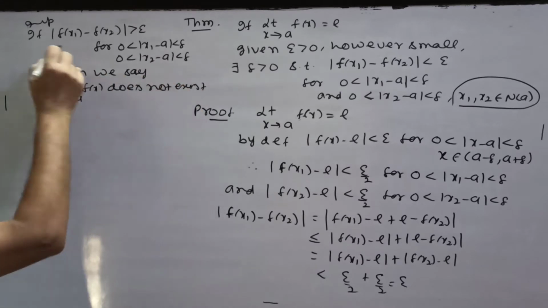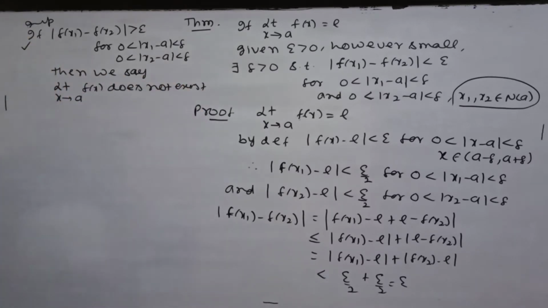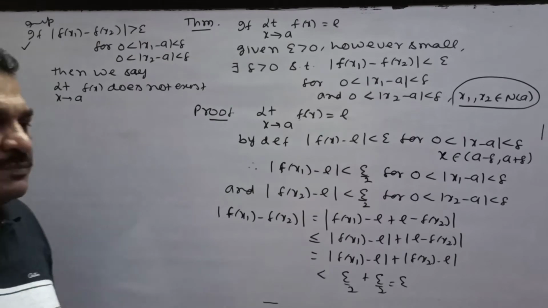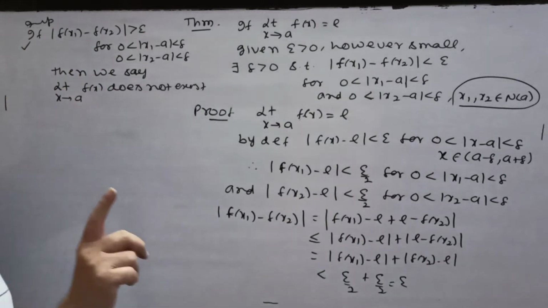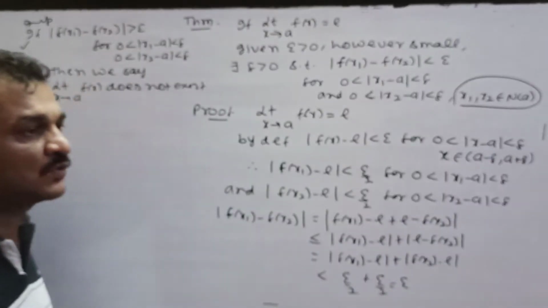So we try examples where the limit of a function does not exist. Keep one point in mind: x1 and x2 lie in the neighborhood of a.